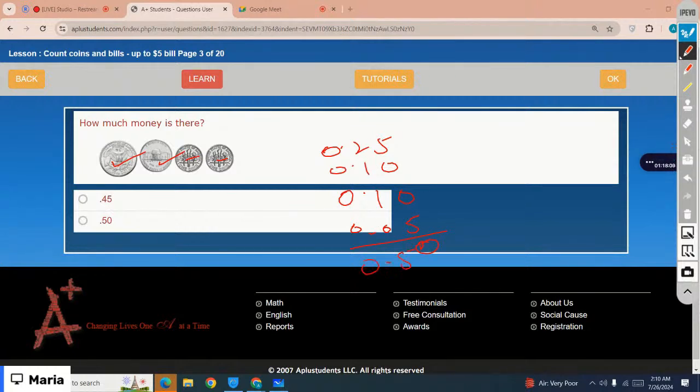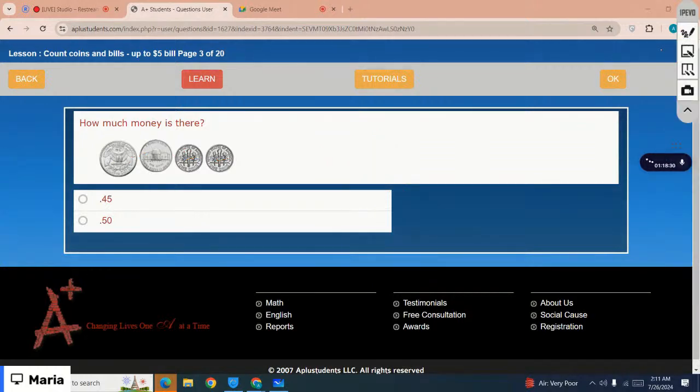So that is 0.50. So the correct option is 0.50, right? Option number 2 is the correct option.